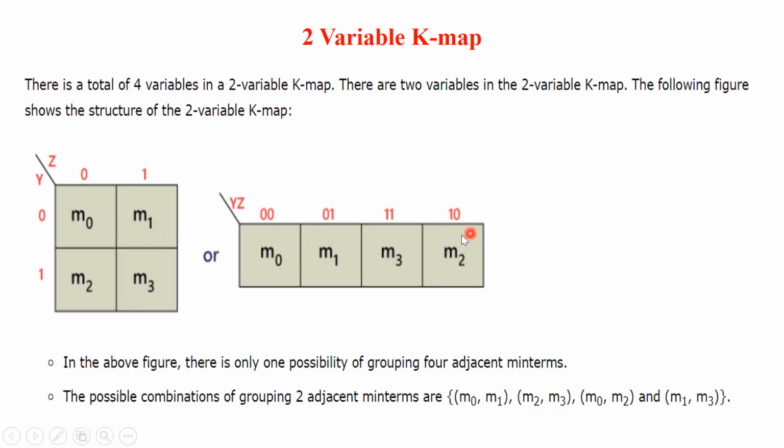Somewhere in your notebook, every time I will write 0 0, 0 1, 1 1 and then 1 0. This is how you will remember the sequence. 0 0 is m0, 0 1 is m1, then I have m3 and then I have m2.